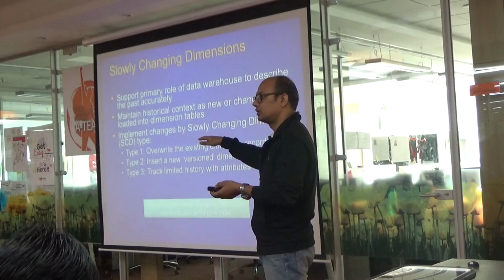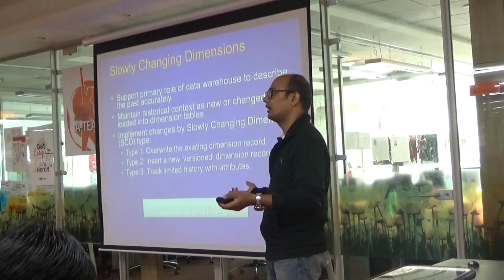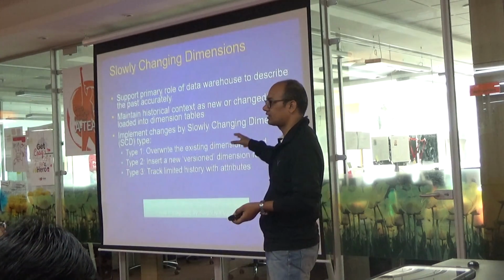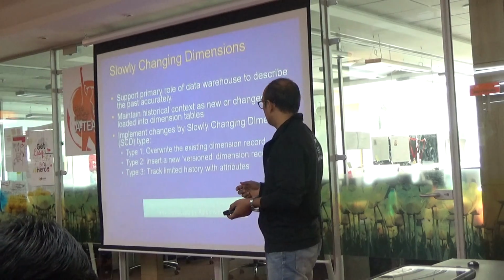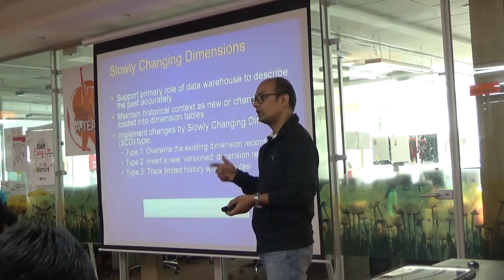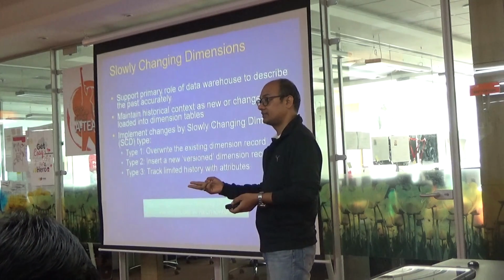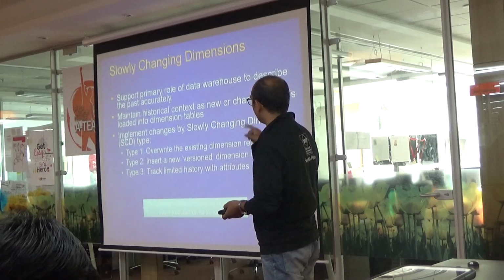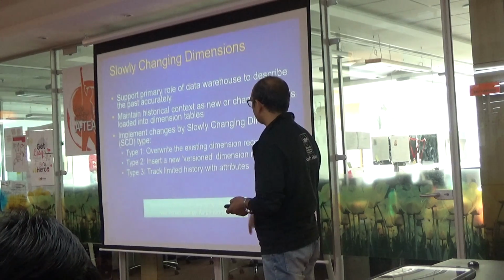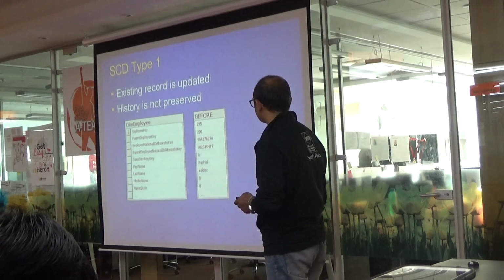So there is no chance your fact, the sales amount value, will change. But your dimension value can change. Today the product name is something else, I can add something to it. Employee names can change. So we have something called slowly changing dimensions, 3 types, and we'll quickly go through them.